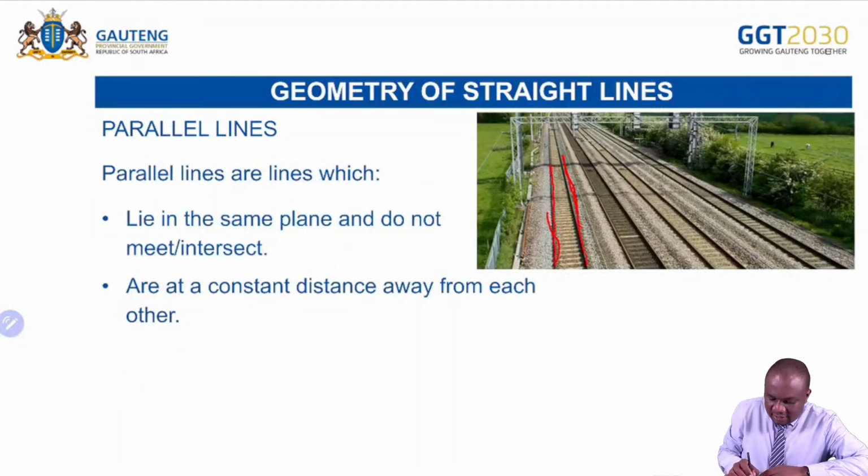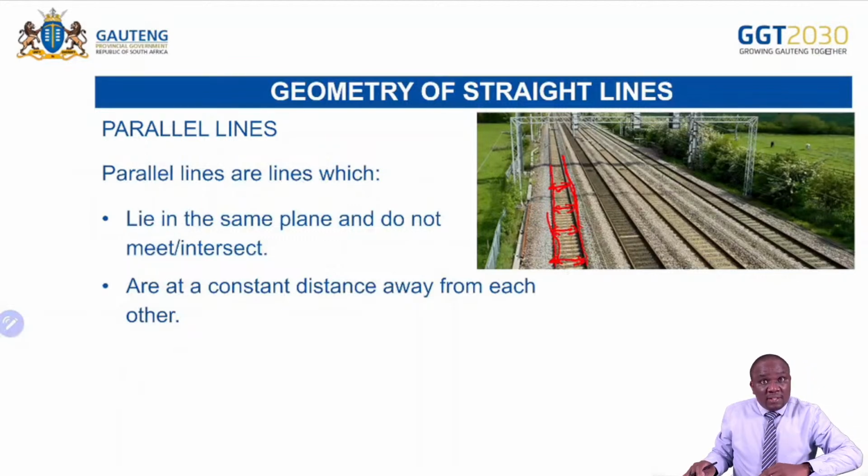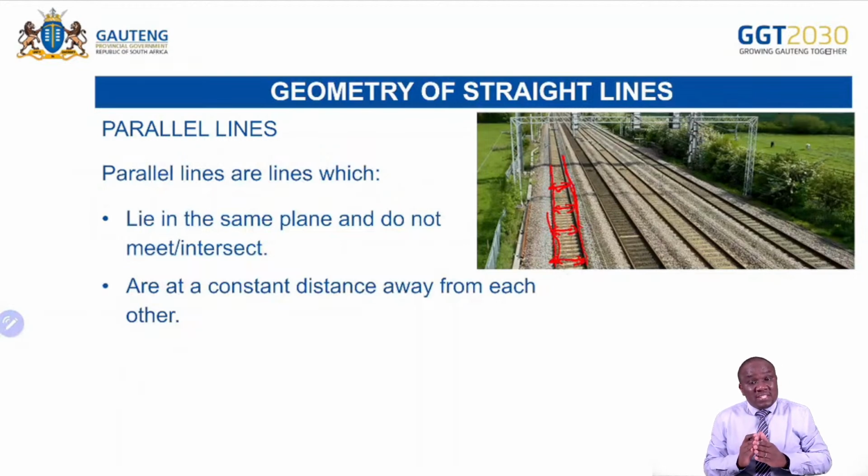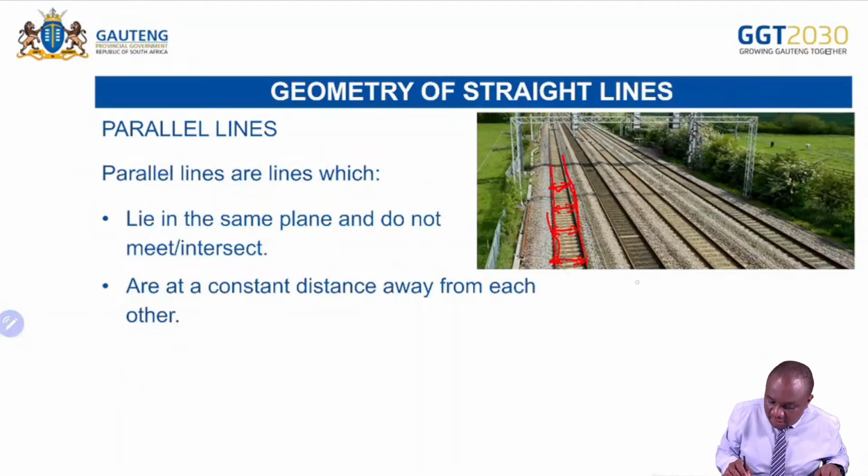okay? You see that? The distance between them is the same throughout. You see, you're talking from Johannesburg to Pretoria, the distance between these two lines is just the same. Otherwise, if the distance is not the same, they were going to meet somewhere. Let's say I have these lines there like this.